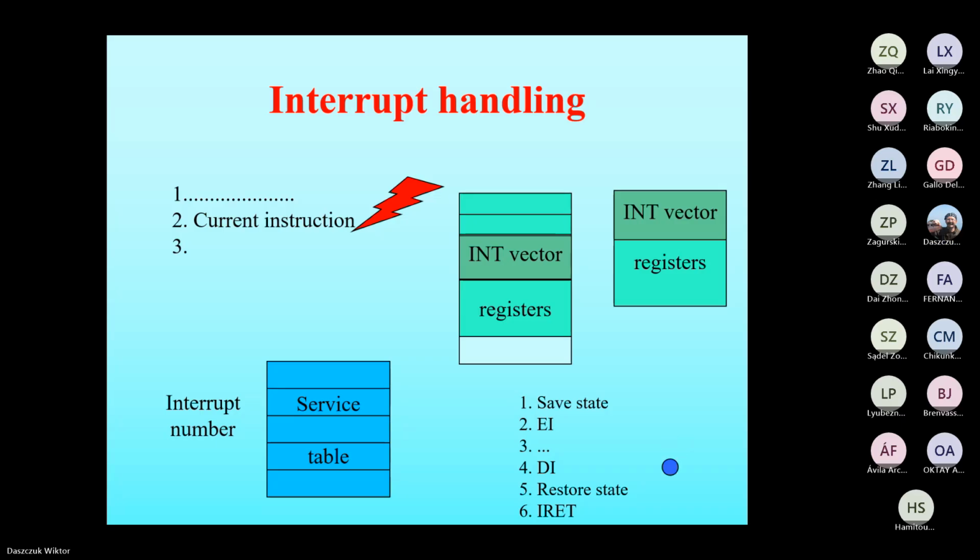Finally, we must finish. So, for the time of restoring the state, we disable all interrupts. In Intel, it is the instruction CLI. We restore the state. Restoring the state is popping the registers back to the physical registers.